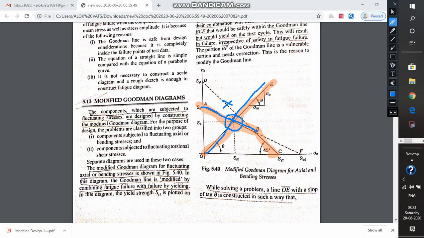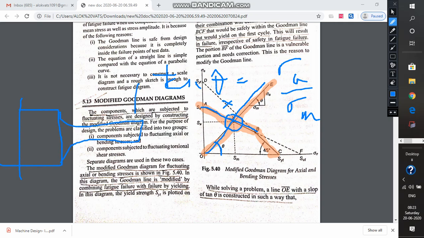Now, how to draw this line to find X, this is the important question. So we define tan theta here. Tan theta is defined by sigma A divided by sigma M. In most practical cases, we may have a cantilever beam or a simply supported beam subjected to a downward force P, which is fluctuating in nature.